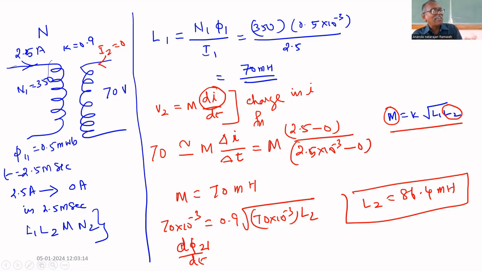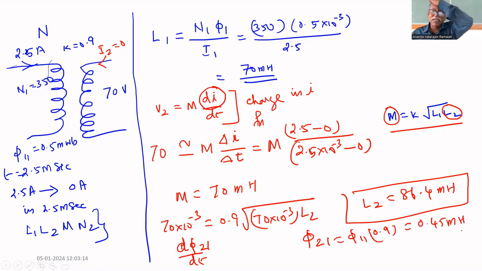K is given, so only 90% is linked with the second coil. That's why that flux should be multiplied by 0.9. So phi 21 equal to phi 11 multiplied by 0.9, which is 0.45 milliweber.